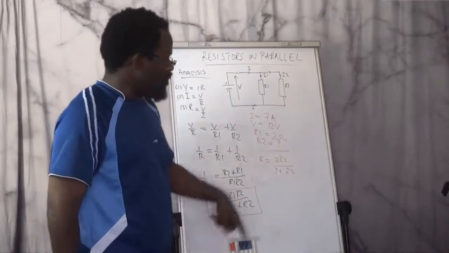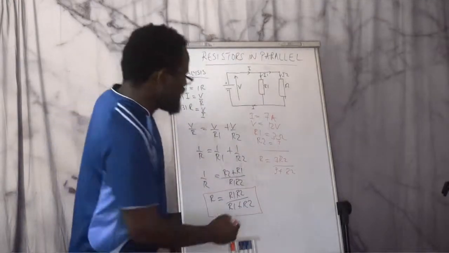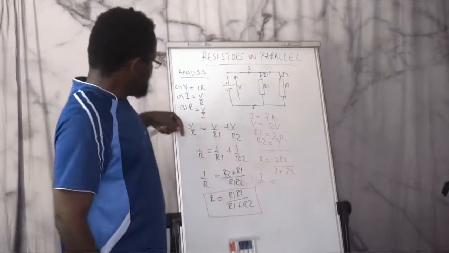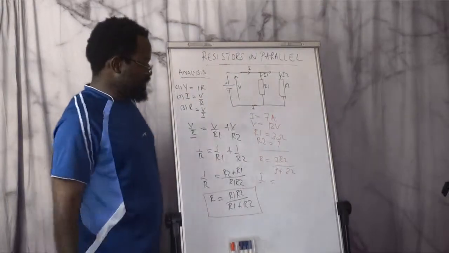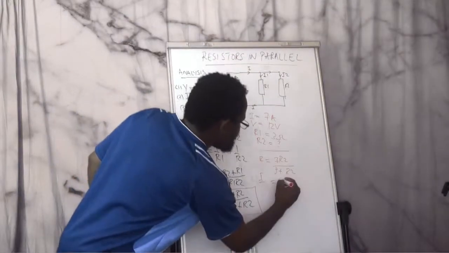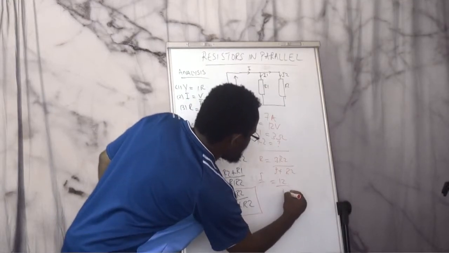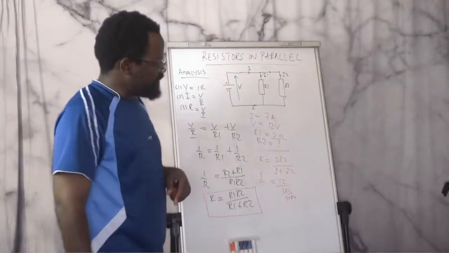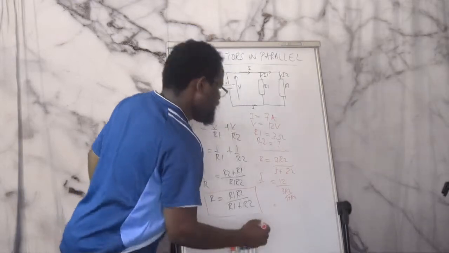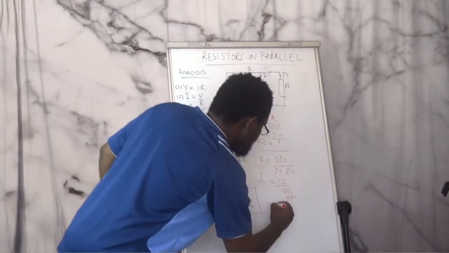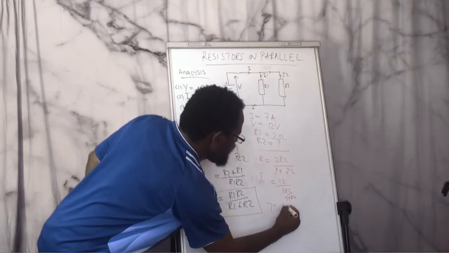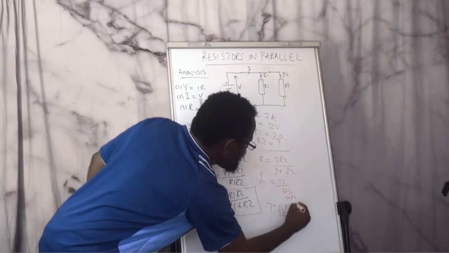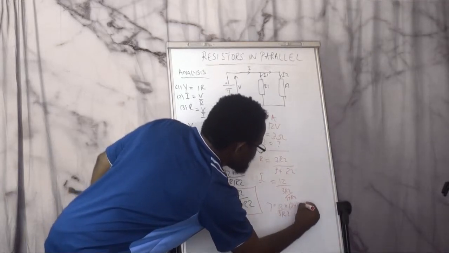So we go straight to find the current. You remember that I is equal to V over R, so I is equal to 12 over 3R2 over 3 plus R2. Now we know that I is equal to 7 amps, so 7 is equal to 12 times 3 plus R2 over 3R2.